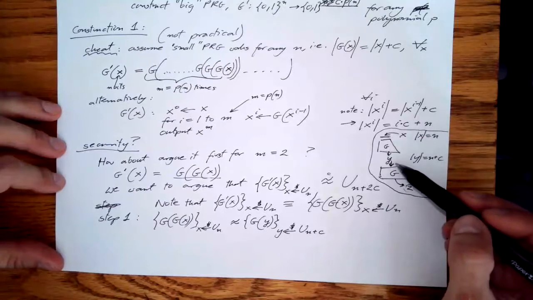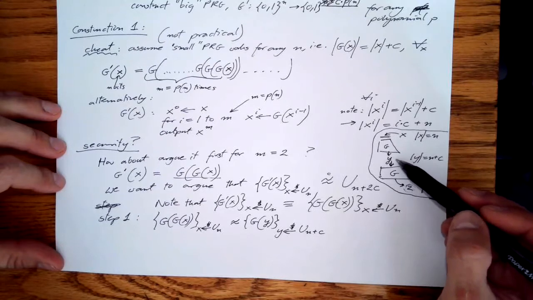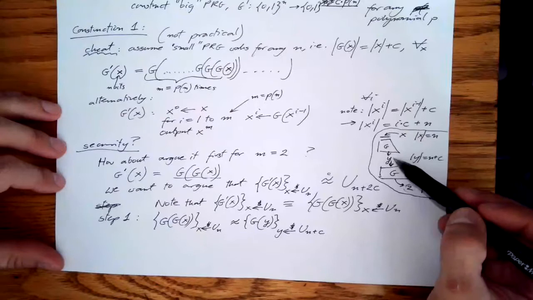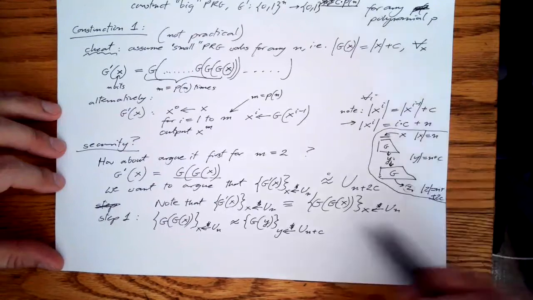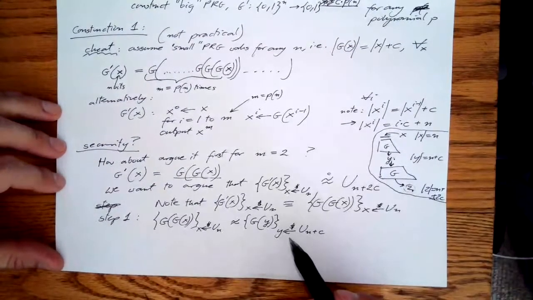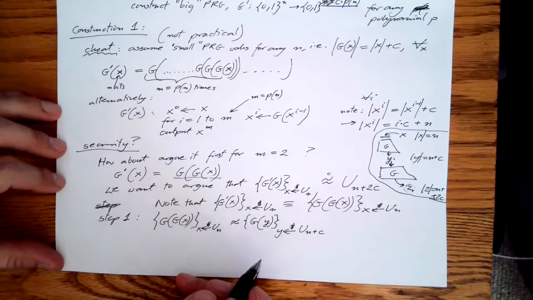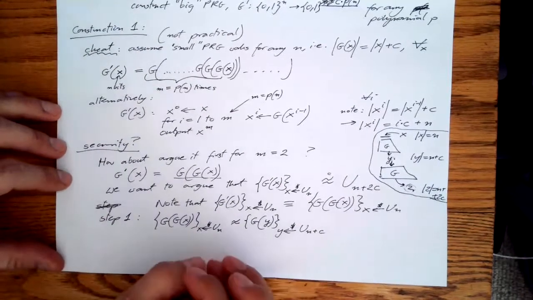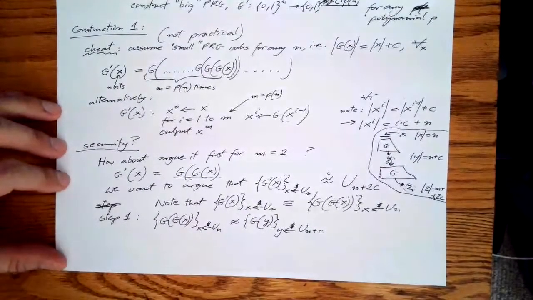But let's pretend for a second that these y's are random. If these were random, would it be easy to argue that these are pseudo-random? That's the first step.